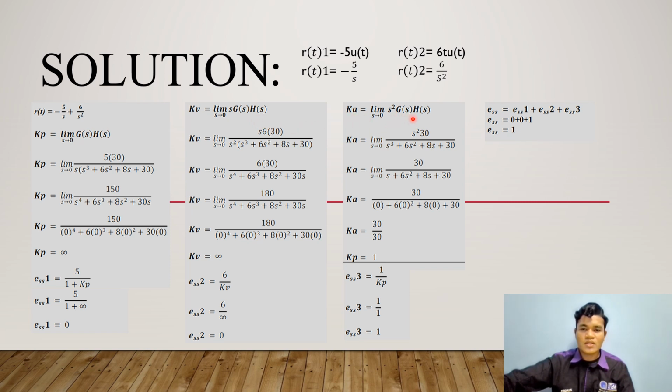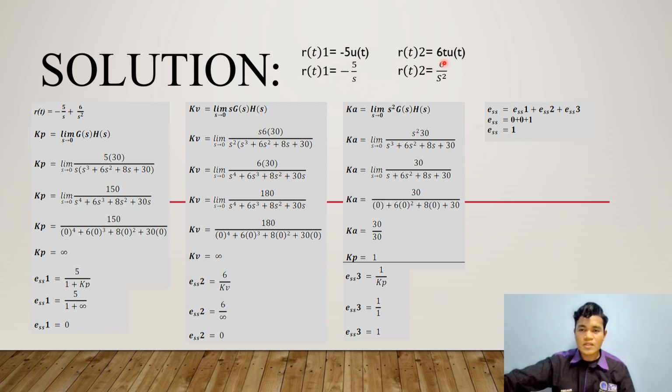So the input r(t) from the previous question equals 6t minus 5. The minus 5 is r1(t) and the 6t is r2(t). When r1(t) equals negative 5 u(t), converting into Laplace transform becomes negative 5 over s.